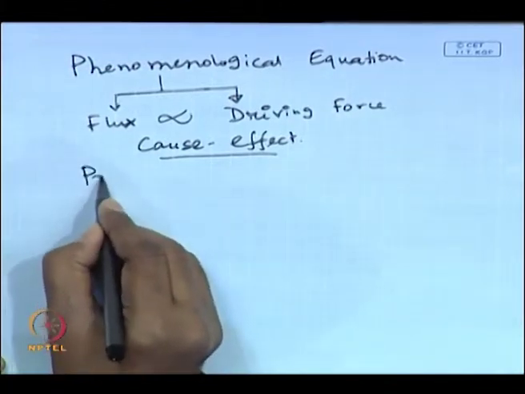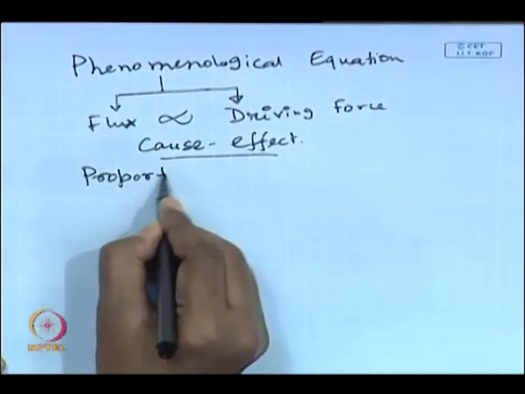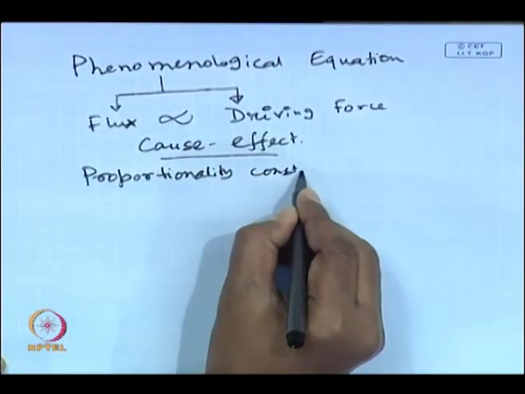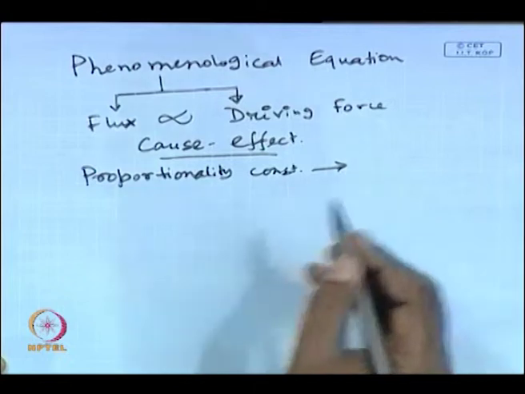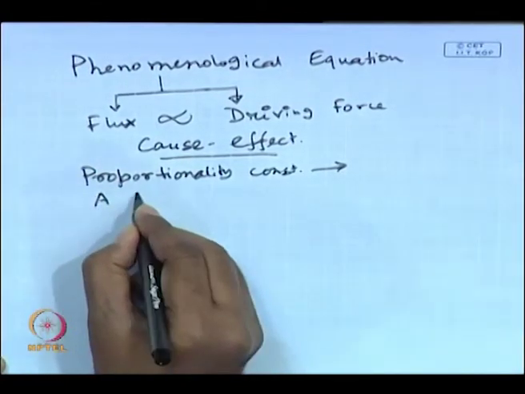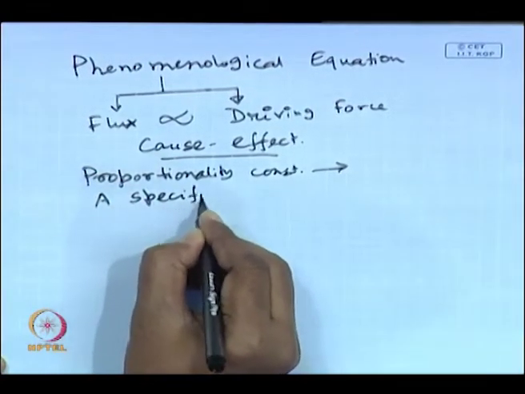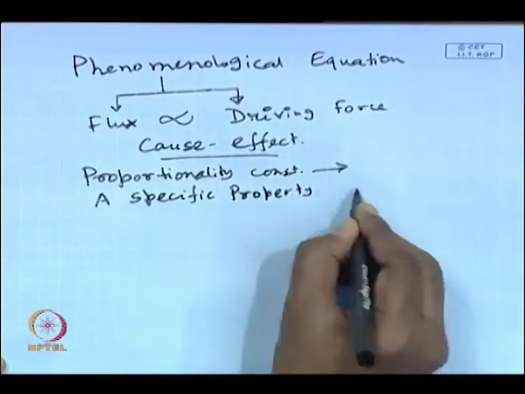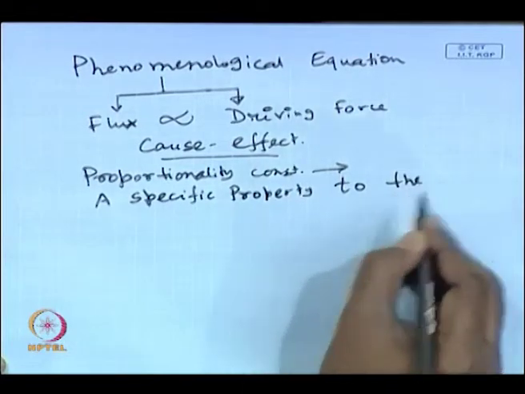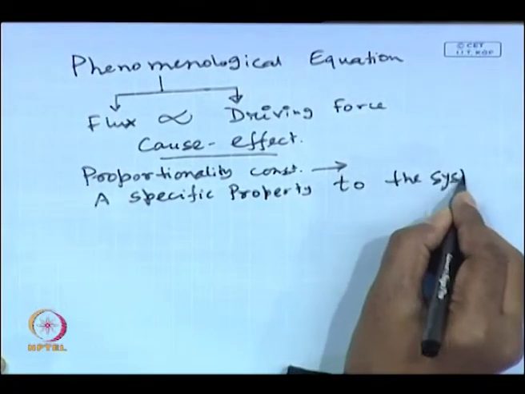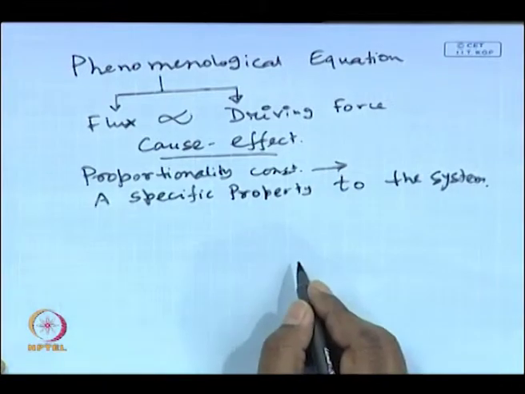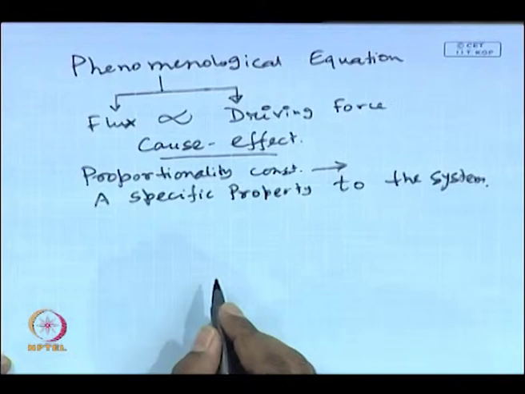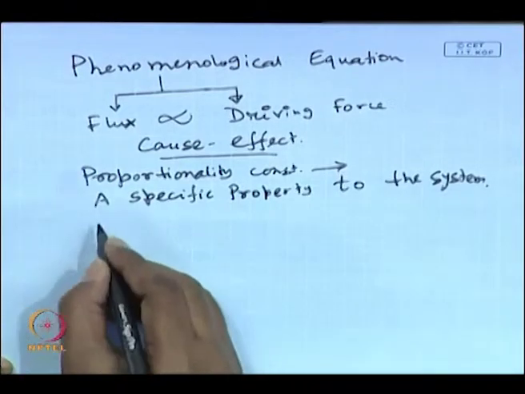Now, the proportionality constant becomes very important, and it is a specific property of the system that we are studying. You have already studied various phenomenological equations. I will just give some examples and try to summarize this.